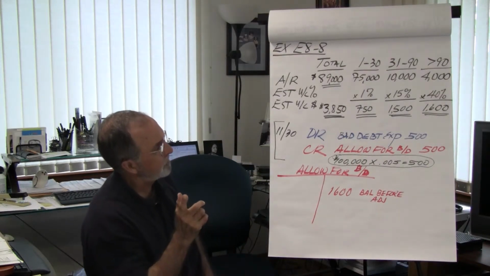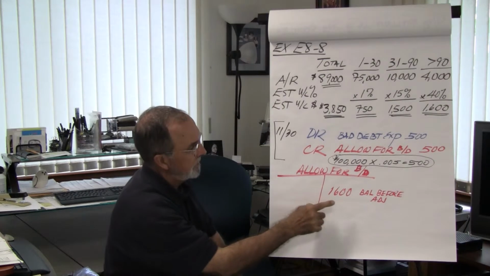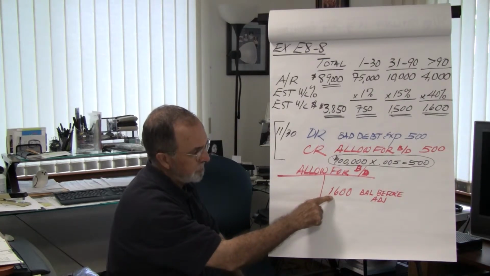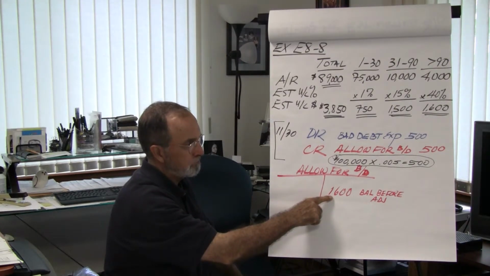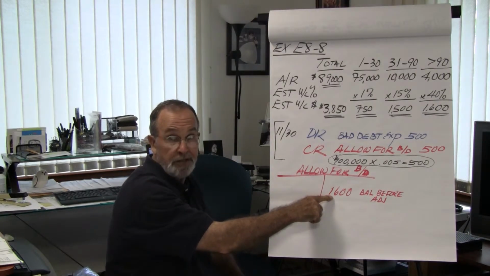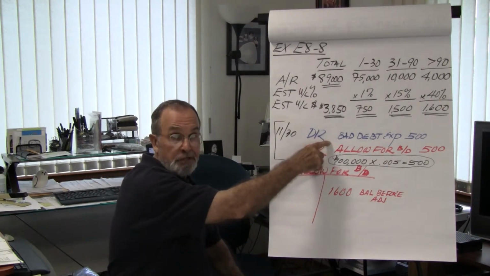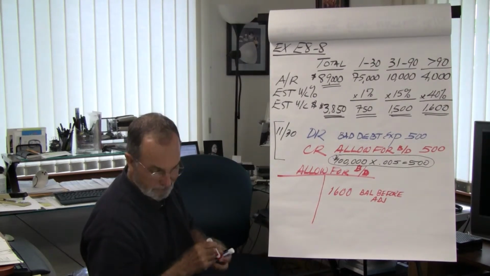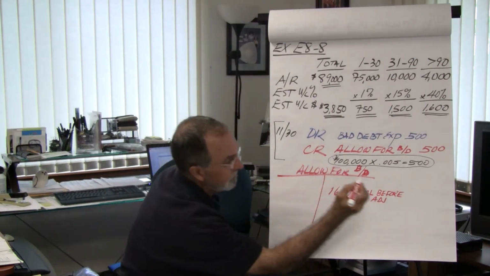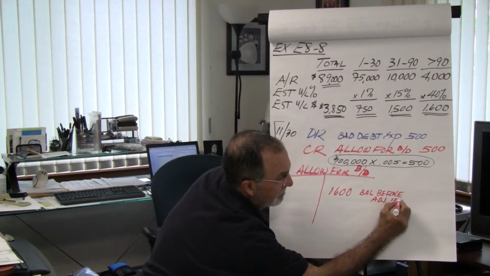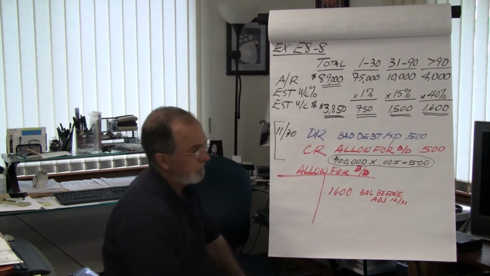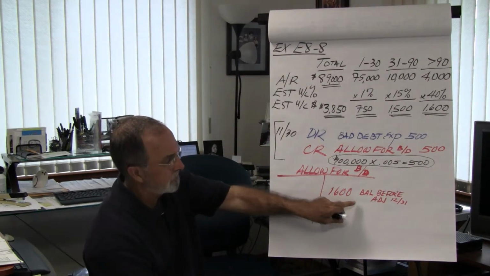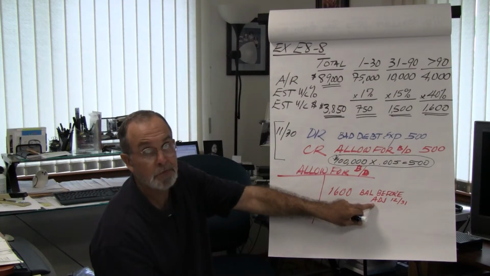One thing you want to keep in mind is this credit balance of $1,600 already takes into account this adjustment we made at the end of November. Okay, so this is the adjustment at December 31. I should write that in. This is the balance before adjustment at December 31.